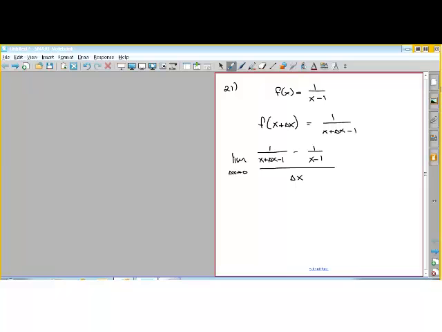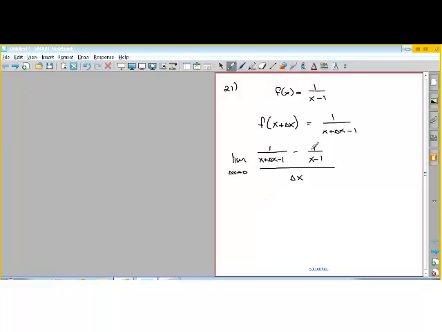So when you have reciprocal functions or rational type functions, you have to just find a common denominator and simplify it. So that's the first thing we do. We want to find a common denominator here, and then we want to make it into one fraction, and then we might be able to simplify something.